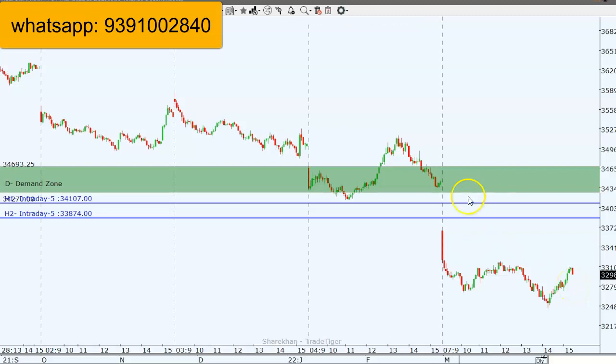If you want a breakout trade, these are the best levels to watch out for. If the price goes inside and breaks downside, that is a breakout trade on the sell side. If the price goes inside and breaks 34,107, then we can go for a long entry, that is the upside breakout.